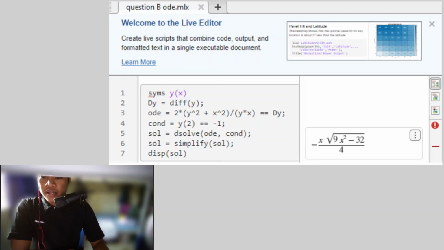Line 7 substitutes the value x equal x4 times square root 9 times x power of 2 minus 32 in bracket into the simplified solution y sol x in bracket. The last line, the final answer is displayed as the output of the last line of code.